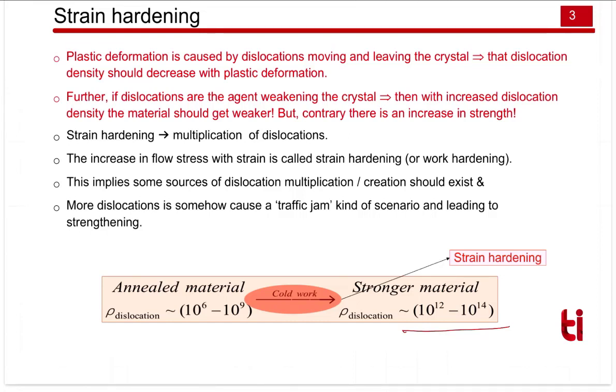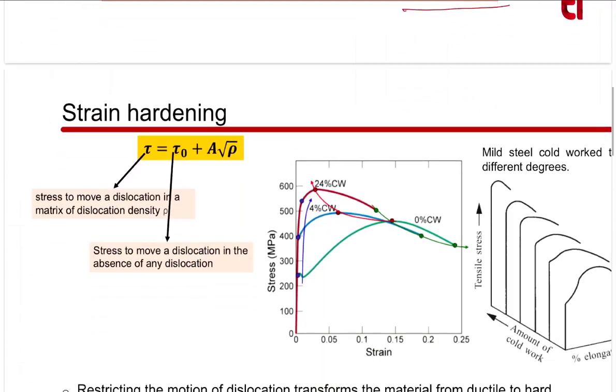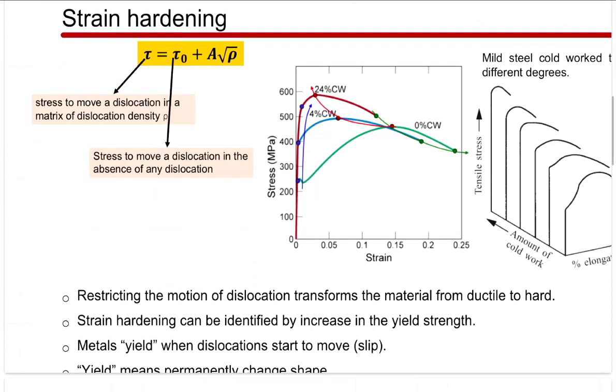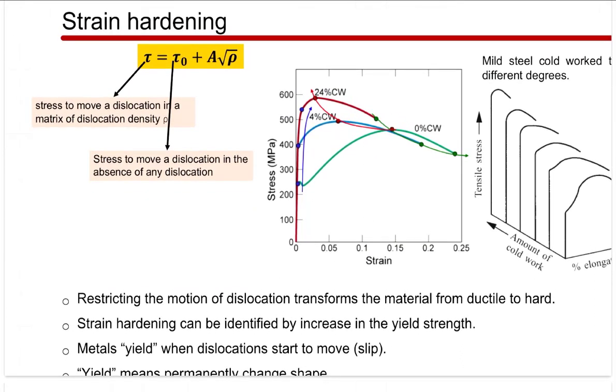If the number of dislocations is more, they are hindering each other. Their strain field, stress field is hindering each other, and this way we can increase the strength of the material. So in this graph you can see, there is percent elongation, there is the amount of cold work, and on this axis we are measuring the tensile strength.